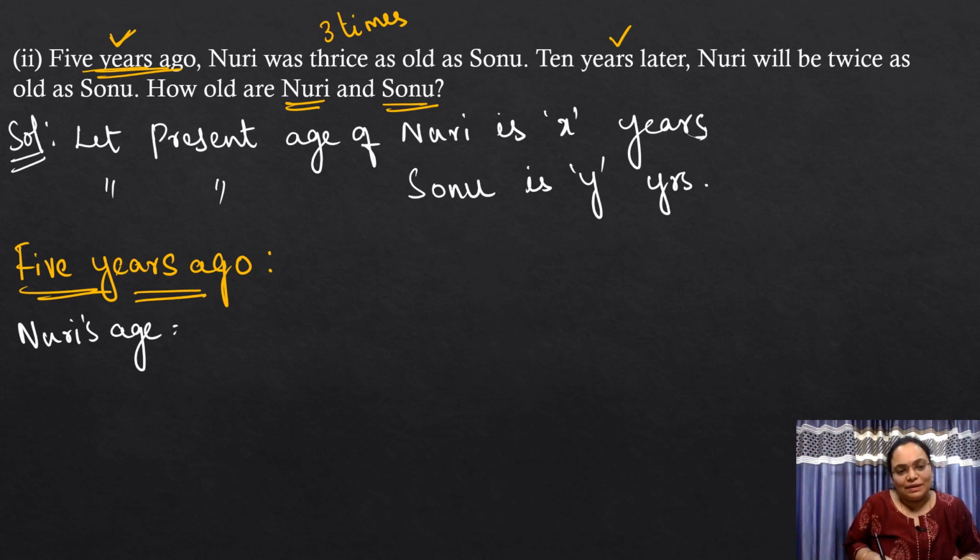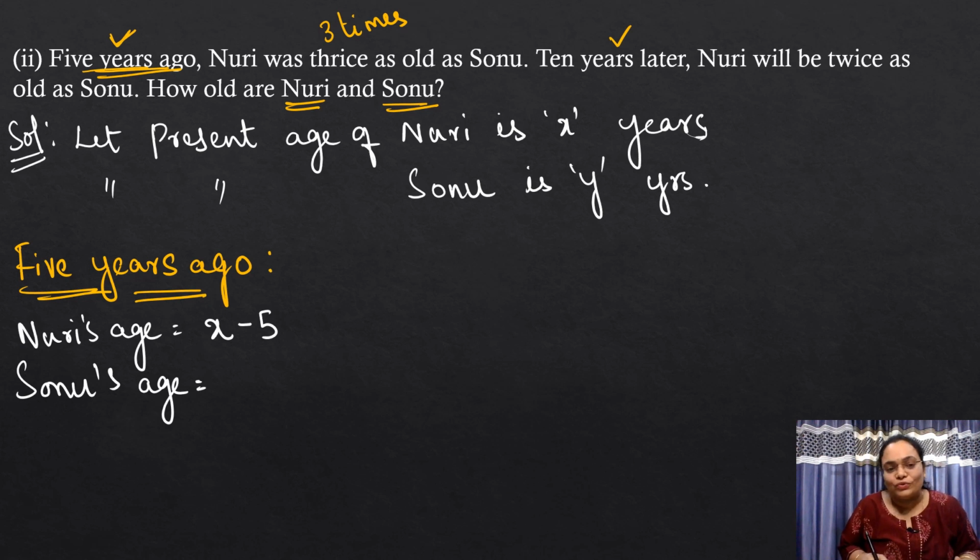Noori's age will be the present age minus 5 years, which is x minus 5. In the same way, Sonu's age is y minus 5, the present age minus 5 years.